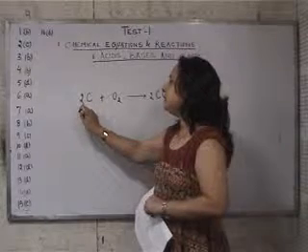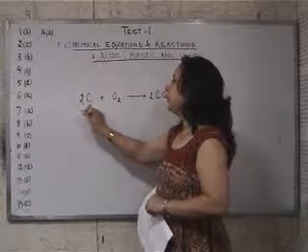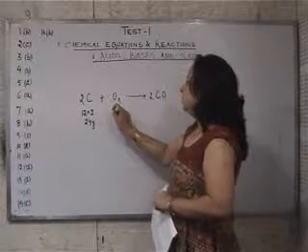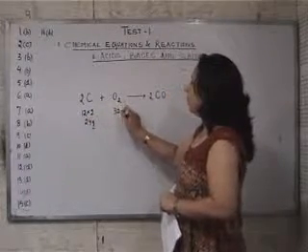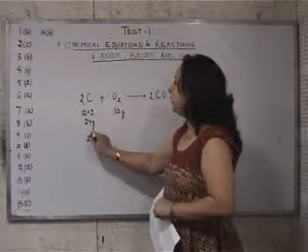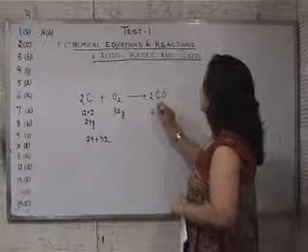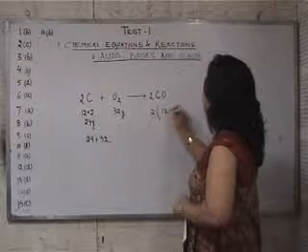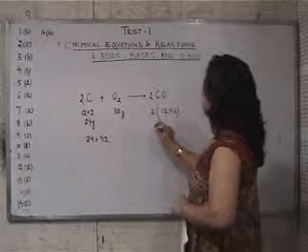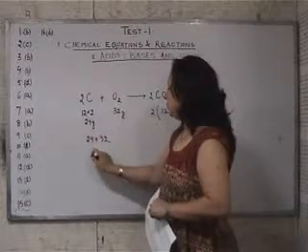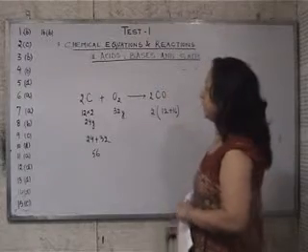Actually, we are balancing the weight. 12 into 2, 24 grams carbon here. 32 grams is the oxygen. Total mass is 24 plus 32. And here it is 2 into 12 plus 16, total mass 56.